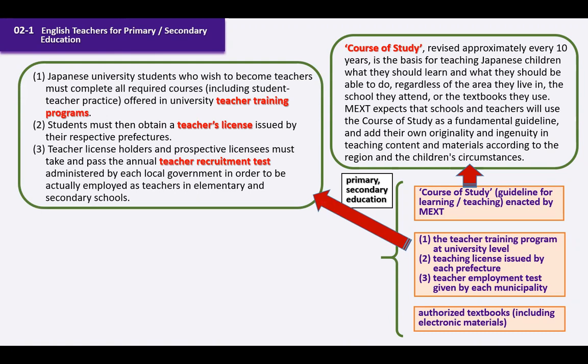To obtain this license, students must complete a specialized teacher training program at the university, which includes student-teacher practice. The license holder must then pass the teacher recruitment test administered by the respective prefecture before being allowed to teach in the actual classroom.